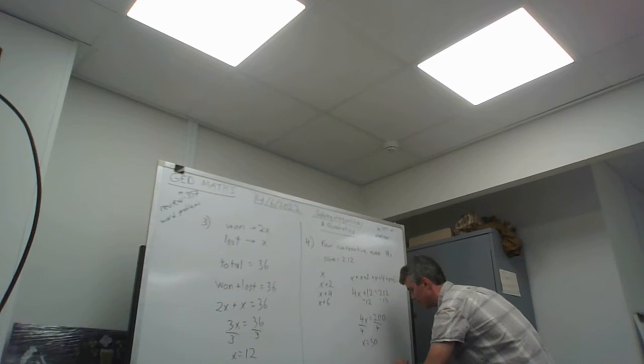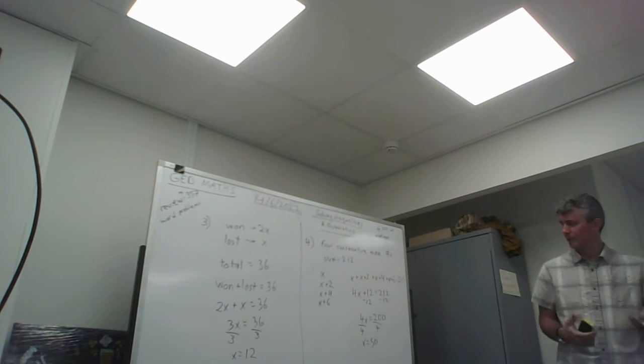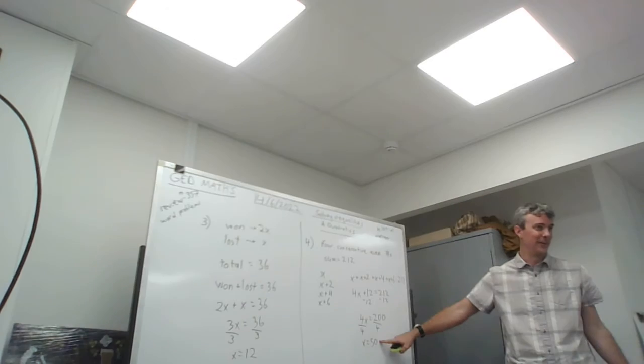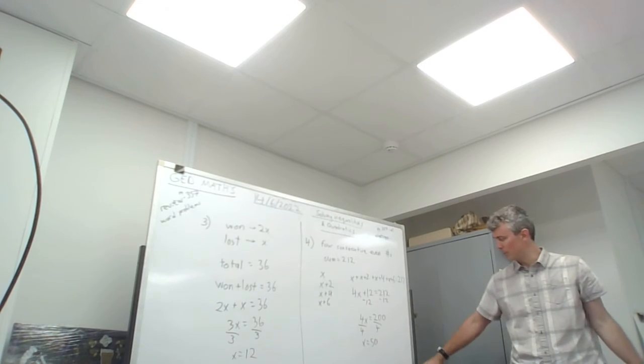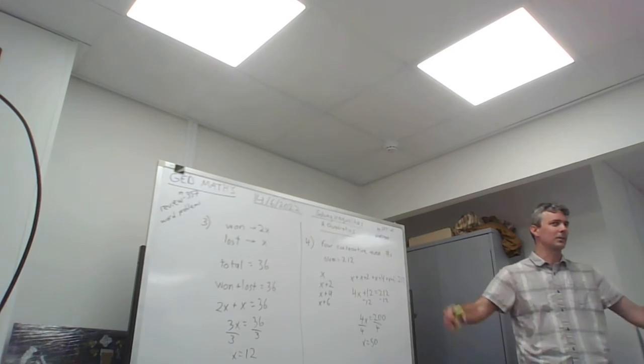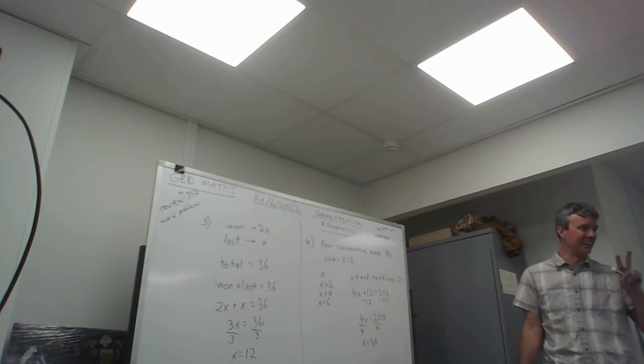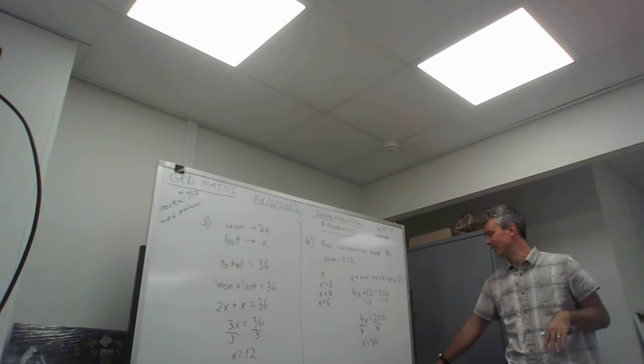I guarantee you, in the multiple choice, one of the answers will be 50. They will try to trick you. One will be 50, one will be 54, one will be like 6, and one will be 172. There'll be two that are like a challenge.